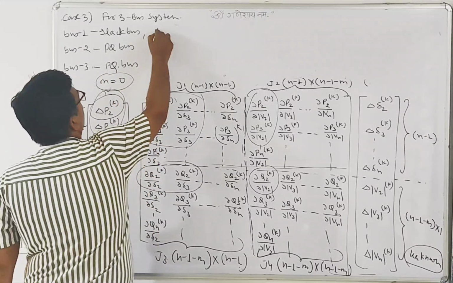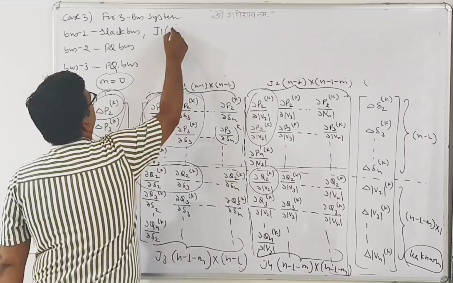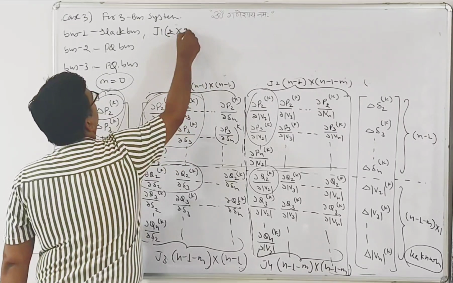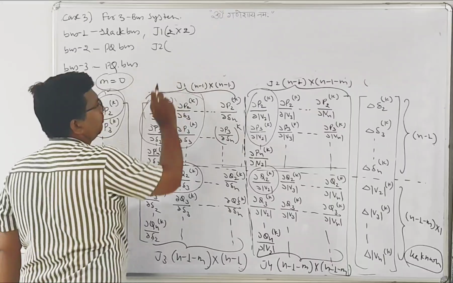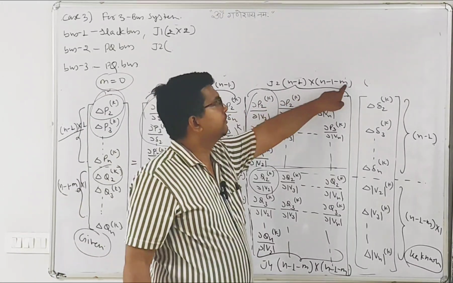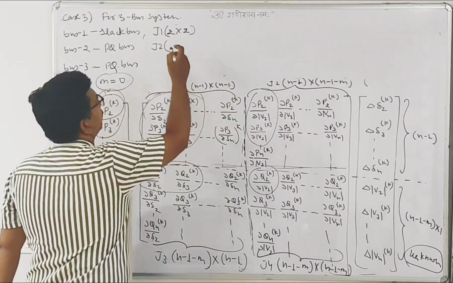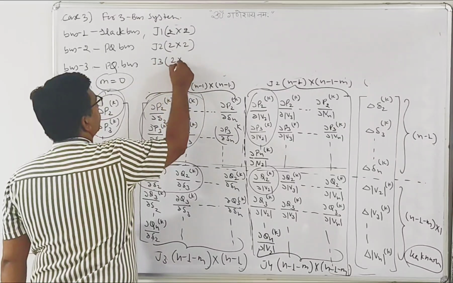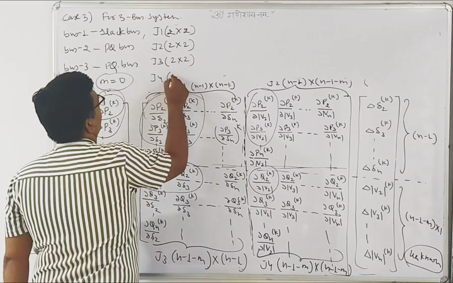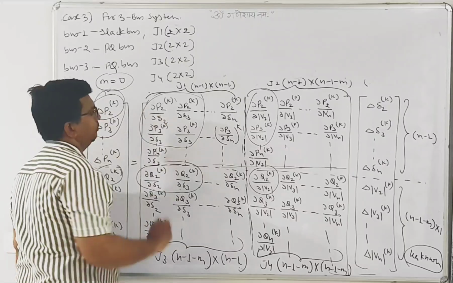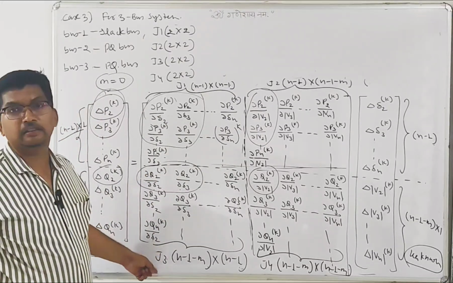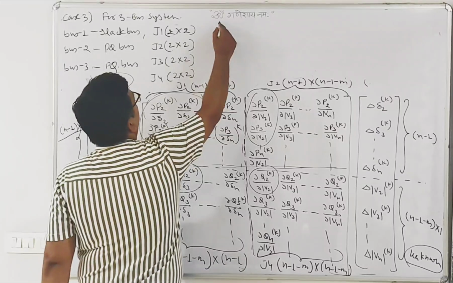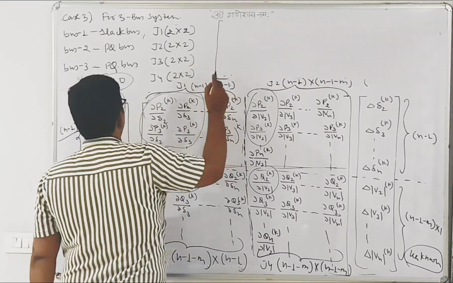So what is the size of the Jacobian J1? Again it is 3 minus 1, 2 cross 2. What is J2? Because m is 0, J2 is also 2 cross 2. What is J3? Also 2 cross 2. What is J4? It is also 2 cross 2. That is a very important thing. So what is the structure for that?